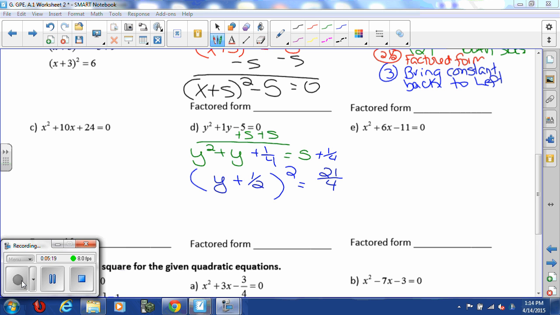What's the last step? Find constant. So it looks like it's y plus half squared minus your, what did you say it was? 5.25? Do we have to write the backwards form?